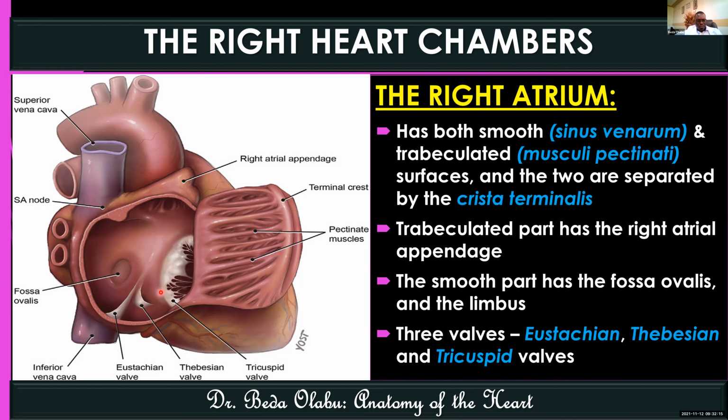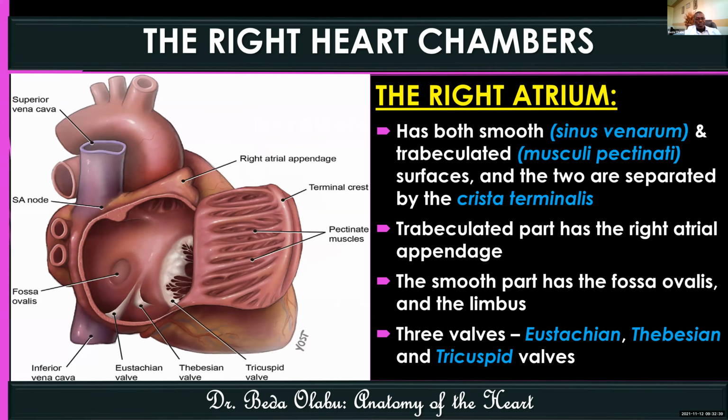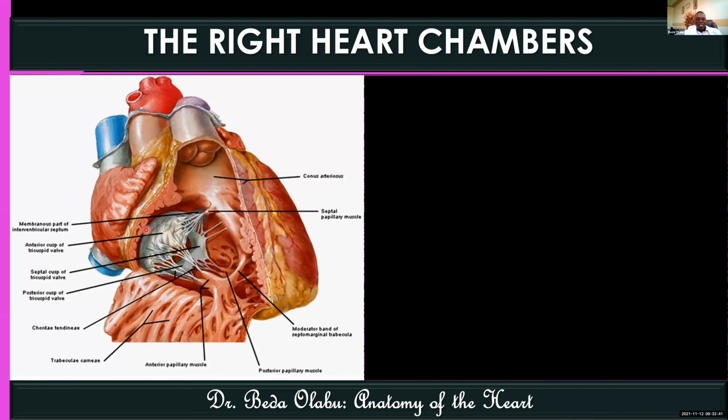Again, between the opening of the coronary sinus and the atrioventricular valve, around this region is the location of the atrioventricular node. So the AV node is found around there and the SA node is found around there. That is the right atrium. Let's now talk about the right ventricle.